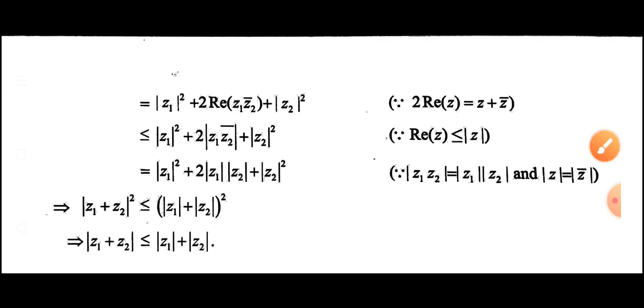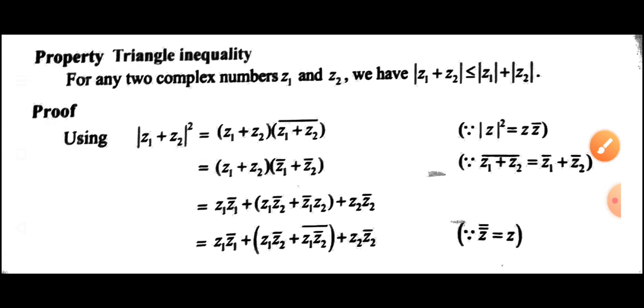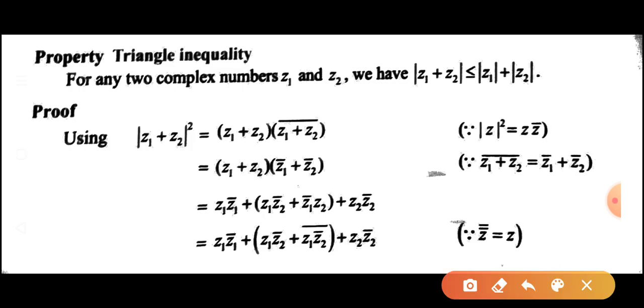Do you understand? Once again, I repeat it. We are going to prove the triangle inequality: modulus z1 plus z2 is less than or equal to modulus z1 plus modulus z2.